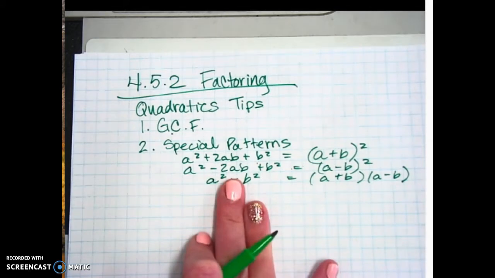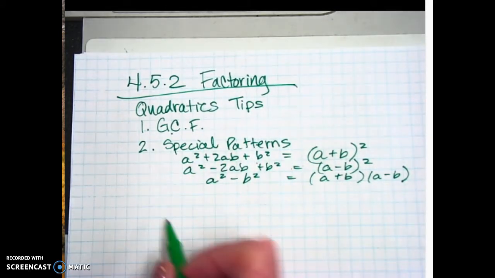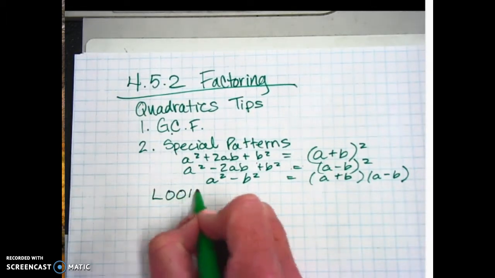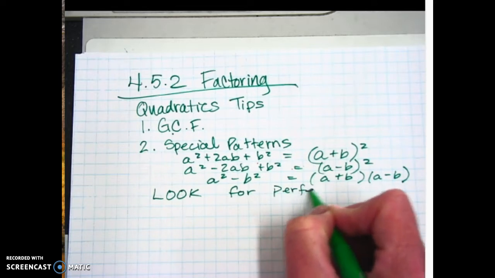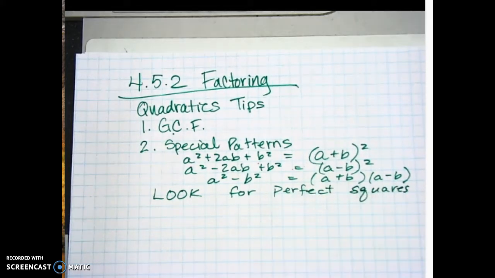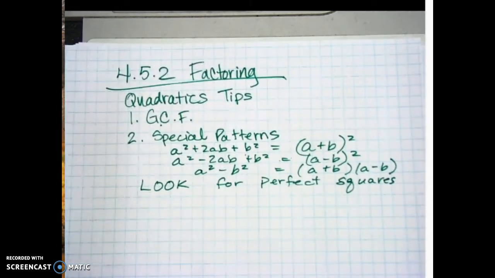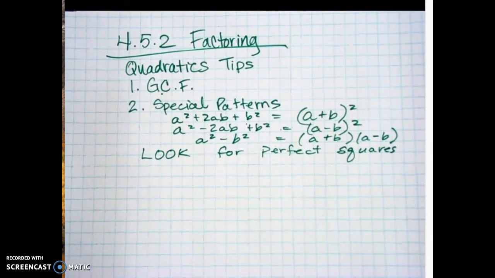And how do you know when to use them? You know when to use them when you have perfect squares, so always look for perfect squares. You can do perfect squares on the calculator, but you guys are at a point in your math knowledge where you should be able to recognize them, right?